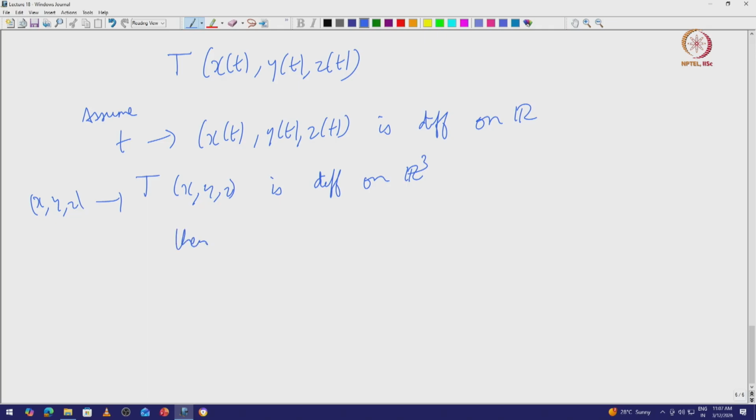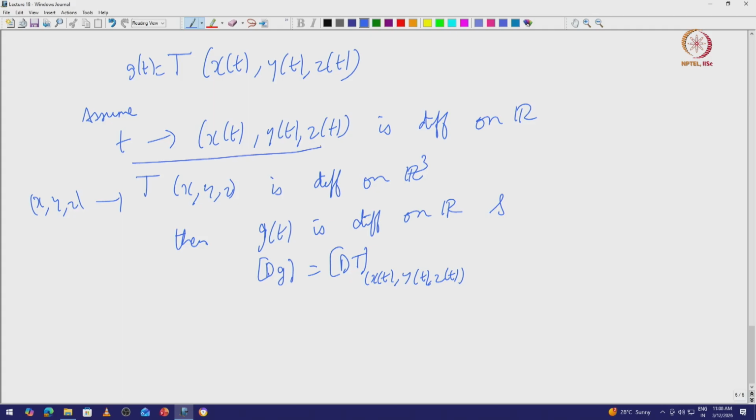Then by the chain rule, let's call this g of t. G of t is differentiable on R, and the derivative of g of t is the product of the derivative matrices. And the derivative matrix of this function is what?